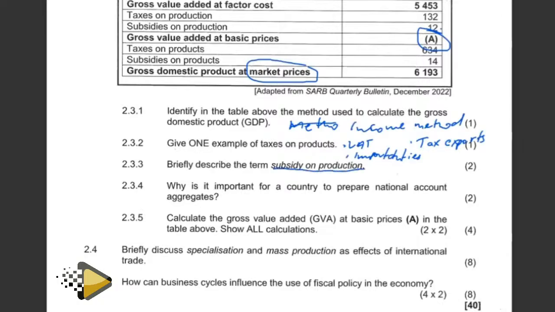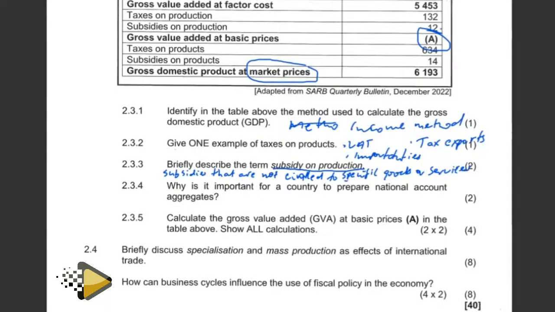The moment we talk of subsidy on production, this is nothing but subsidies that are not linked to specific goods or service.